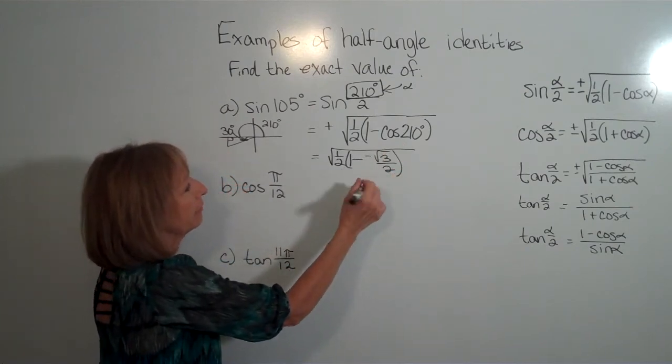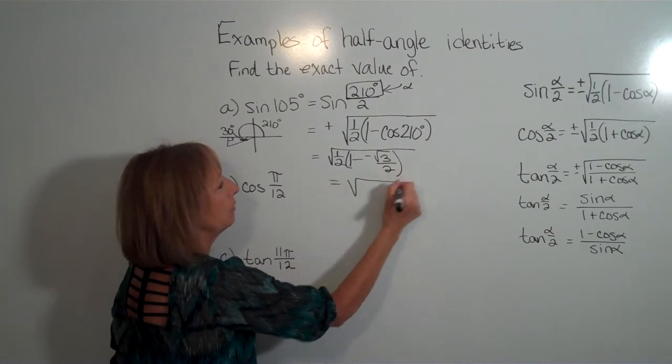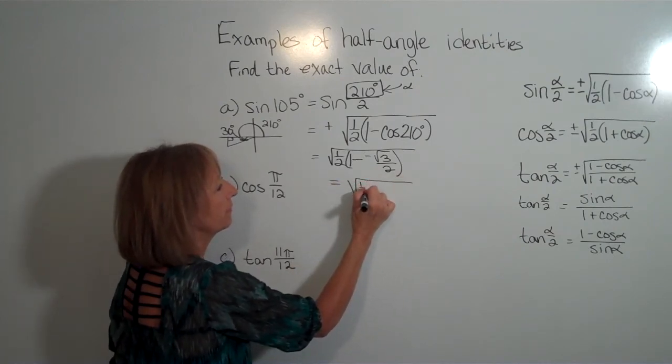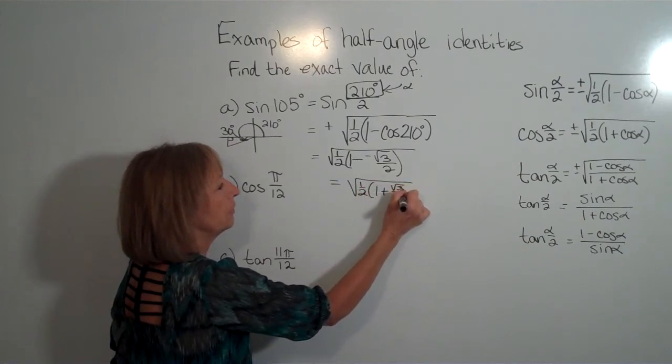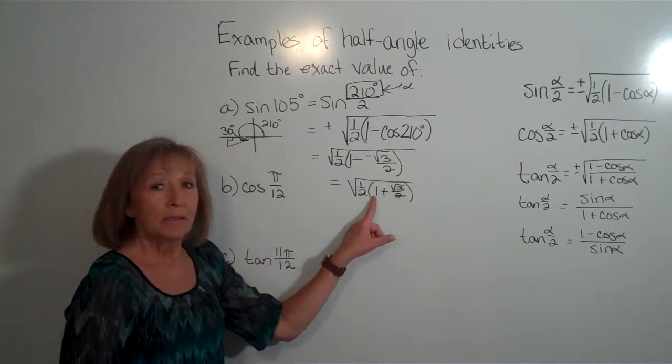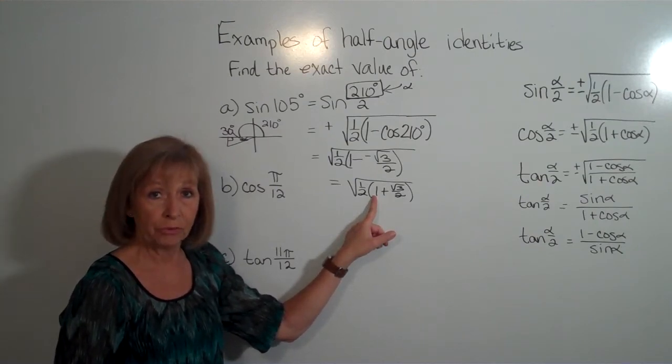And now simplifying further, this double negative will give me the square root of 1/2 times 1 plus the square root of 3/2. Building it down, common denominators, 1 could be written as 2/2.